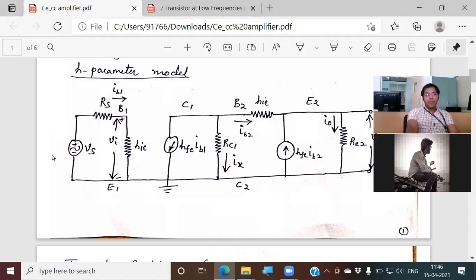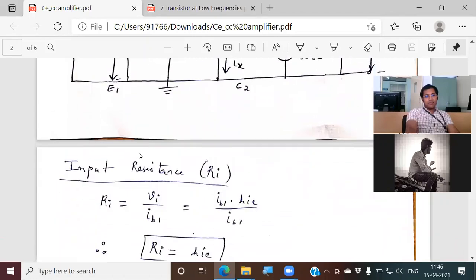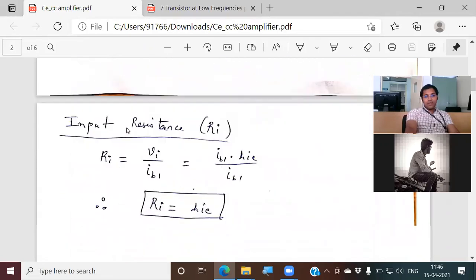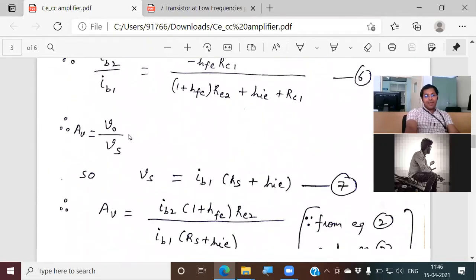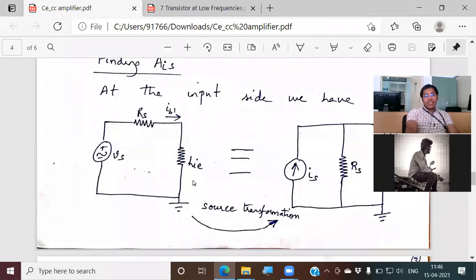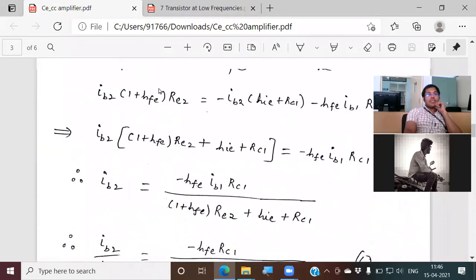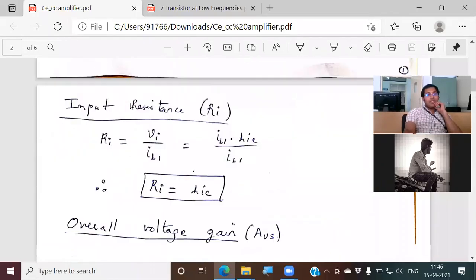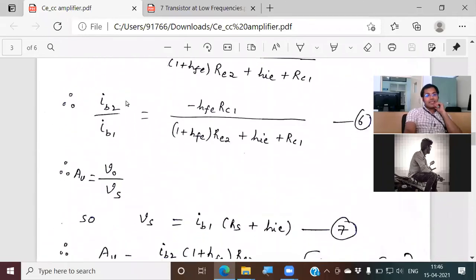I will take only Vs, Rs, Hie, with current flowing through Hie being Ib1. I am taking that part as it is.